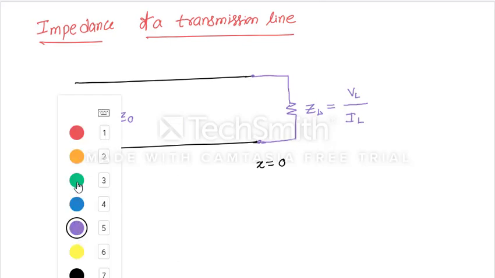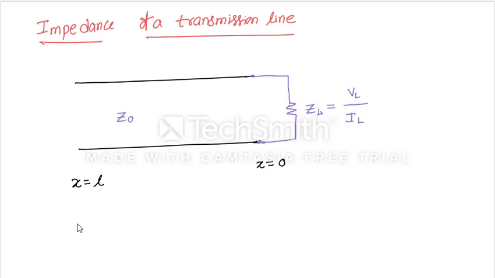As we have seen the expressions for voltage and current, what is the expression for voltage? We have seen V of x in terms of cos and sine. V of x is equal to VL into cosh gamma x plus IL Z0 into sinh gamma x.